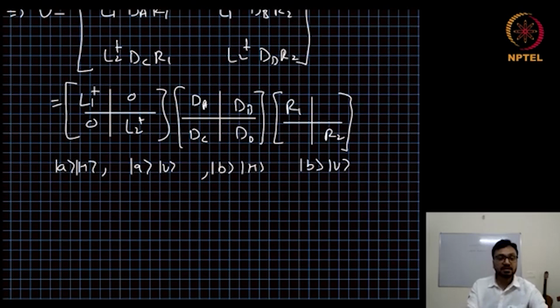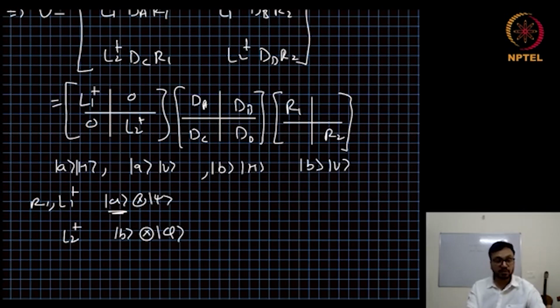It means the L1 operator is acting on states A tensor psi, where psi is the polarization state, but the path is fixed at A. So L1 is acting only in the A subspace. Similarly, L2 is acting only in the B subspace. Similarly, R1 is acting only on the subspace corresponding to A, and R2 is acting on the states with B subspace.